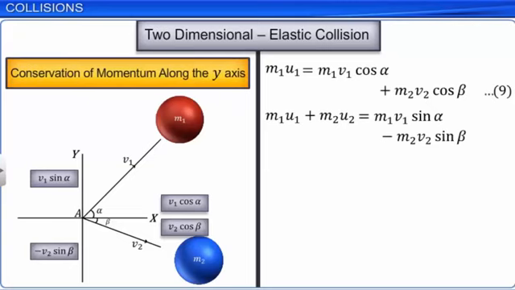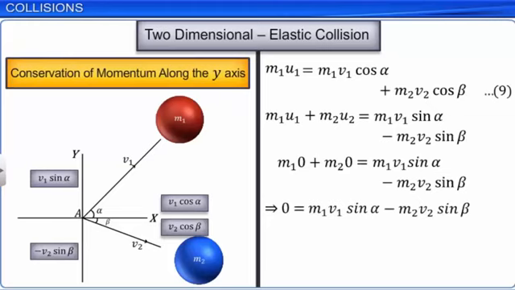As the initial velocities of the two bodies along the y-axis are 0, we get 0 on the left side of the equation. And thus, we get 0 is equal to m1v1 sin alpha minus m2v2 sin beta. On further simplification, we get m2v2 sin beta is equal to m1v1 sin alpha. Let this be equation 10.